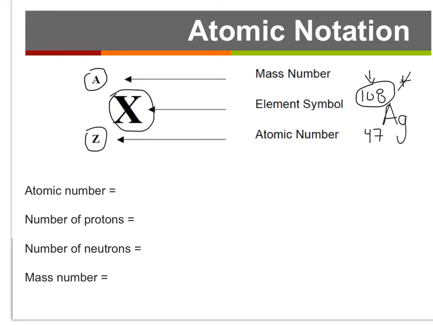Now, the atomic number and the mass number give us lots of information about our element. So the atomic number is equal to the number of protons in the atom. And the number of protons is equal to the number of electrons if we have a neutral atom.